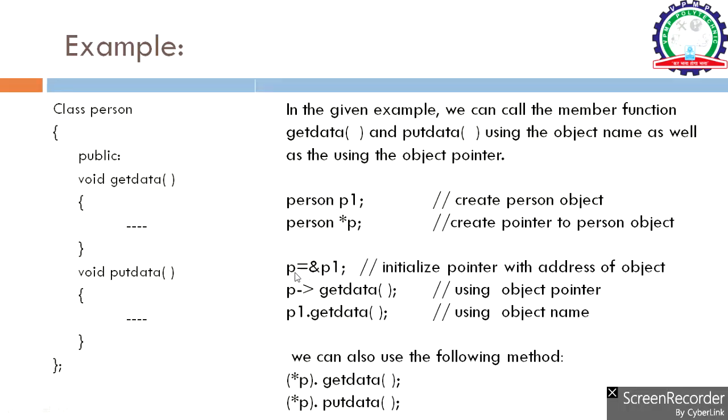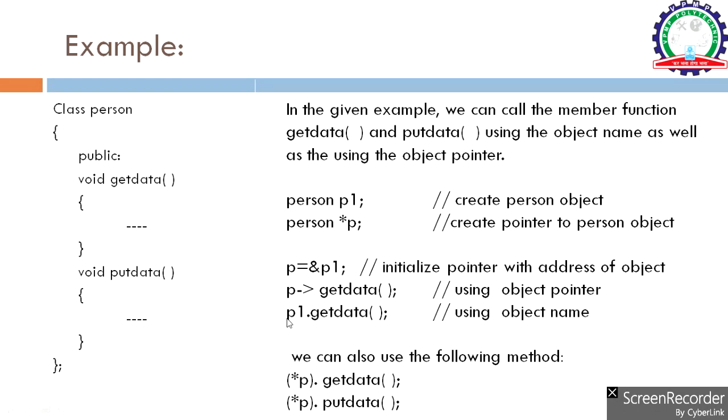So this is the way we assign the address of some variable, here an object, to the pointer variable. Now let's see how to access the public member functions getData and putData using the pointer object. In the next line, P arrow is the symbol to access the data members or member functions in the public section through the pointer of that class. So P arrow getData.